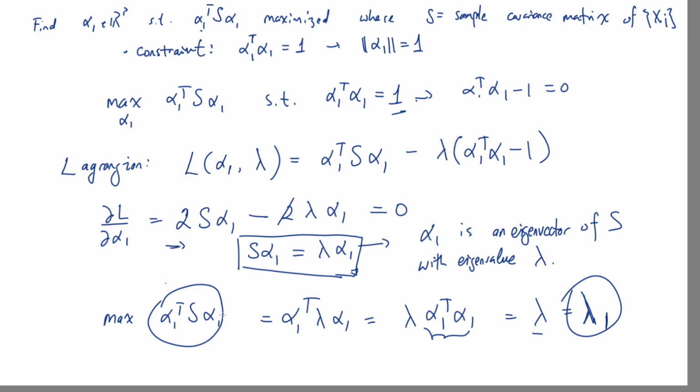So lambda 1 is the variance that's captured on this first axis, and the axis itself is given by the vector alpha 1. And that is our first principal component. So again, alpha 1 is giving us a projection onto a one-dimensional space. The variance of the points on this one-dimensional space is equal to lambda 1.